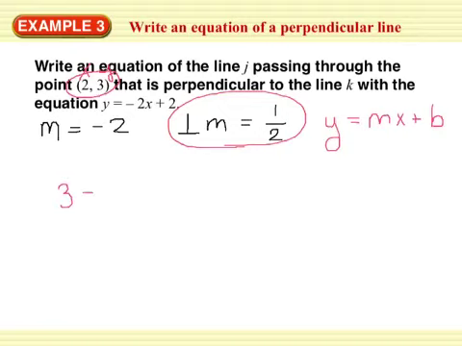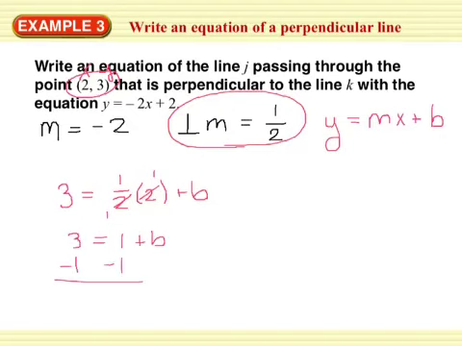Y equals mx plus b. 1/2 times 2 is 1. Subtract 1 from both sides. B equals 2. So my equation is y equals the perpendicular slope, x plus 2.